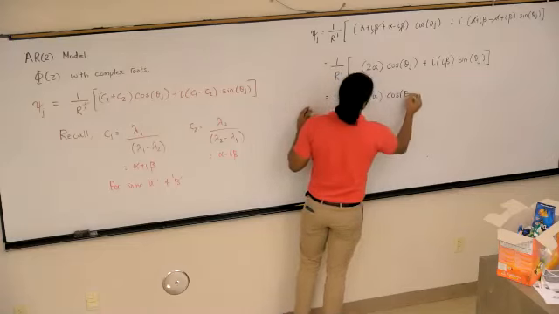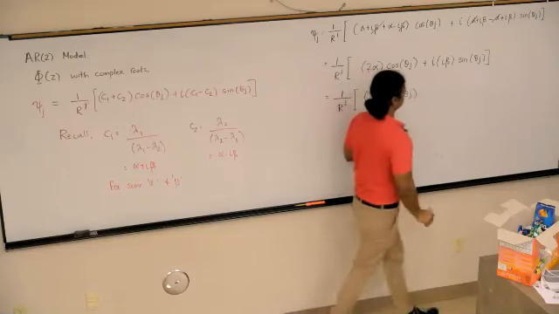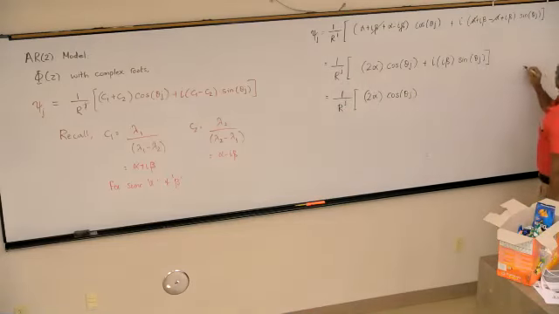Look, alpha plus i beta is C1, minus alpha minus i beta, C2. Distribute. Oh, I see what you're saying, it's just the way it looks. Yeah, I skipped a step, my bad.